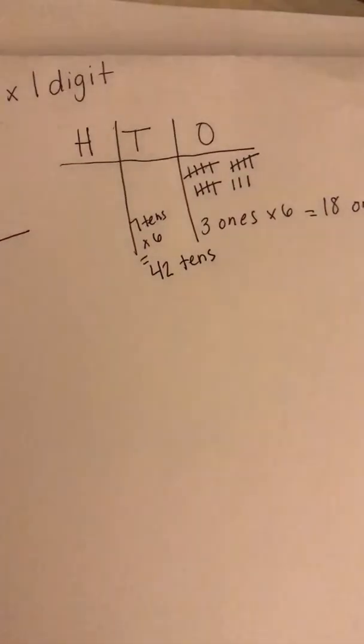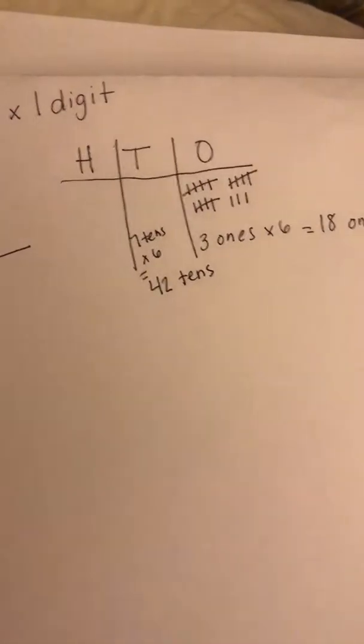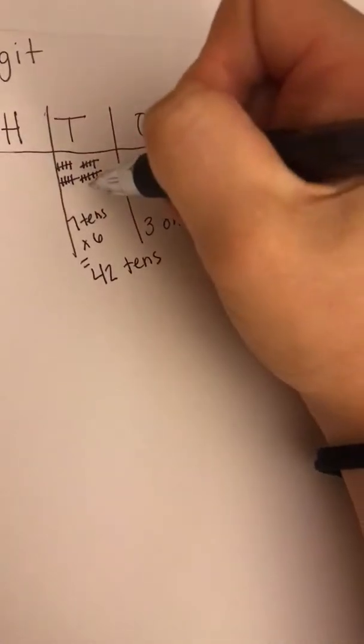So again, I'm going to use tallies so I can easily see groups of 10 that I'll be able to regroup. 5, 10, 15, 20, 25, 30, 35, 40, 41, 42, and now I have 42 tens.